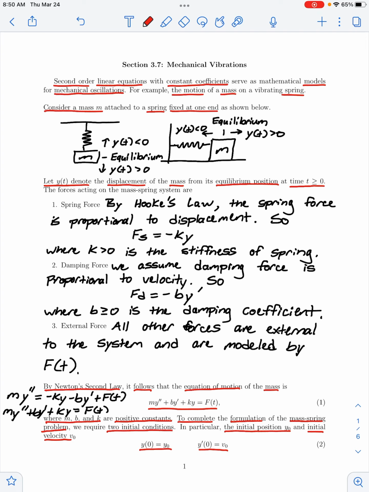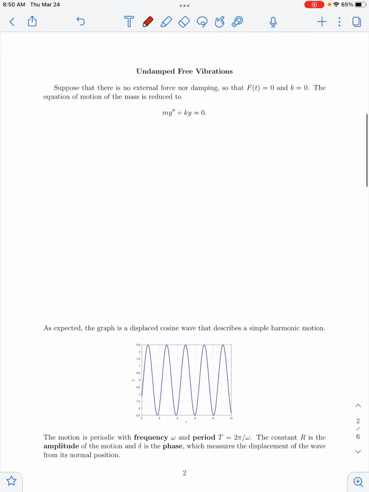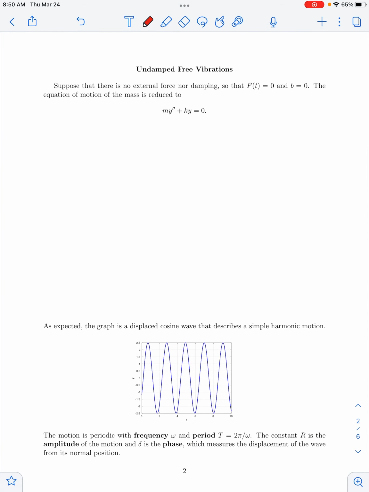So to start exploring the behavior of solutions of this equation, let's start with the simplest case of motion for this system. That is the case of undamped free vibrations.